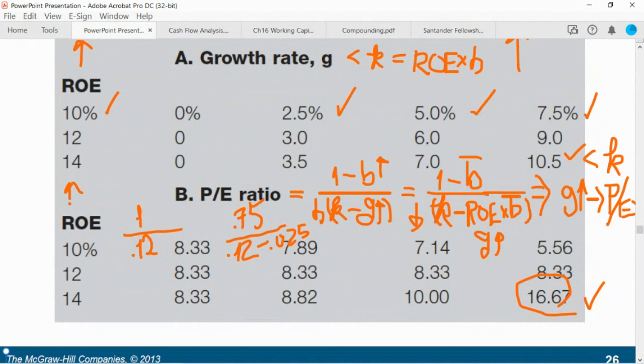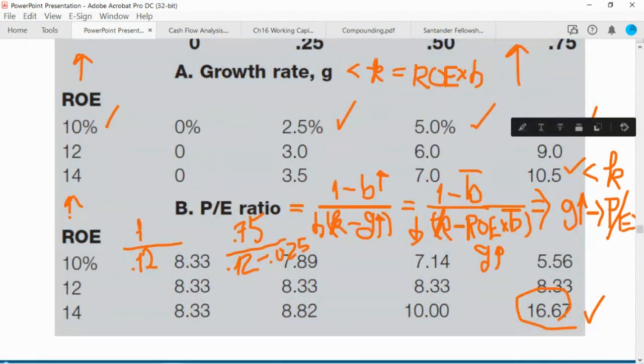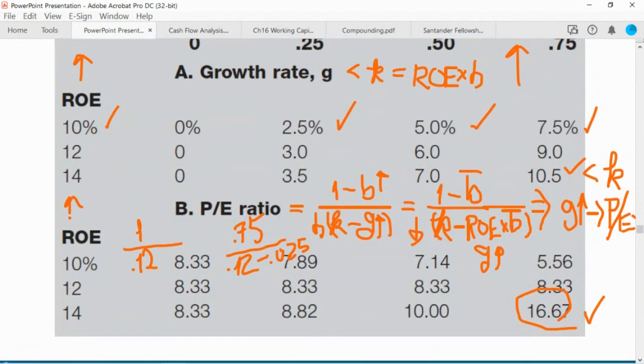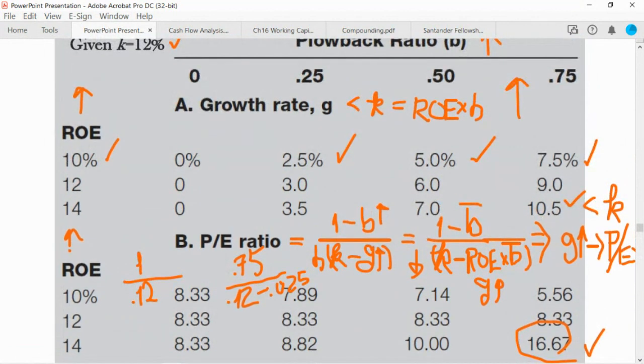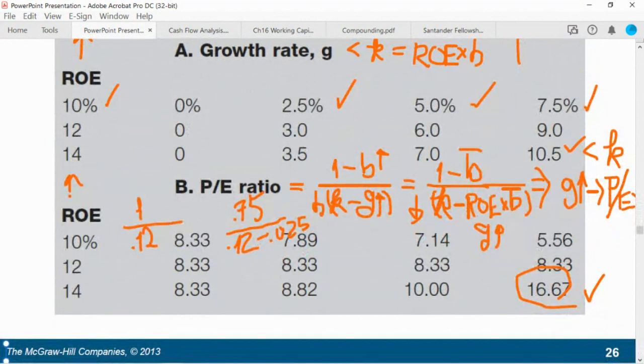This is kind of justifying a high P/E ratio, which results when a lot of the earnings is plowed back. In other words, look at a 75% plowback ratio, the growth rate will be like this.